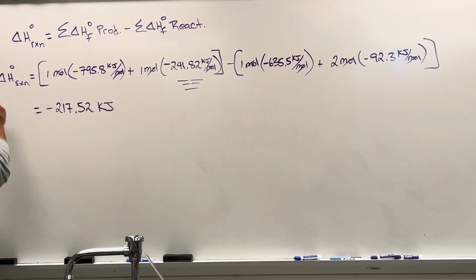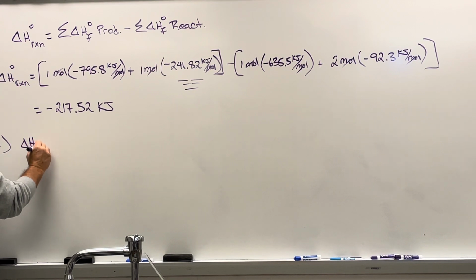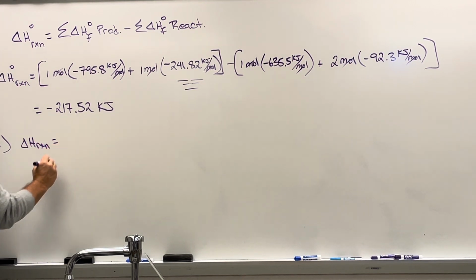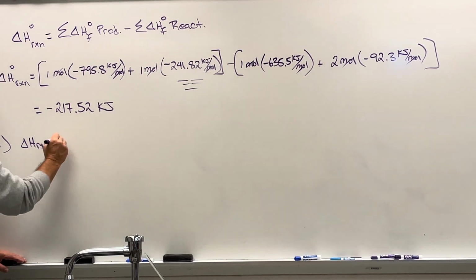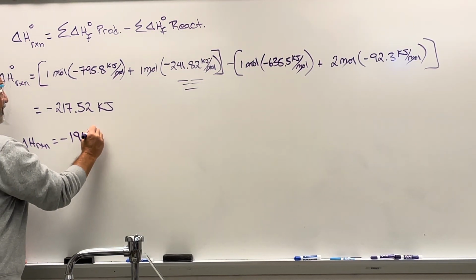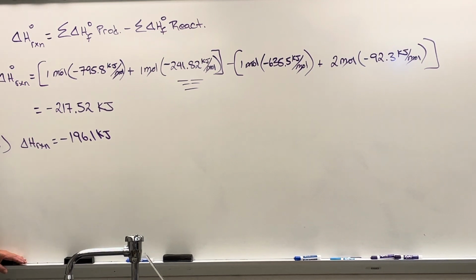Okay, so this was 74A. D is going to be the exact same setup. So what did we get as an answer for delta H of the reaction for D? Just the answer. Negative 196.1. Do we agree on that? Did other people get that?